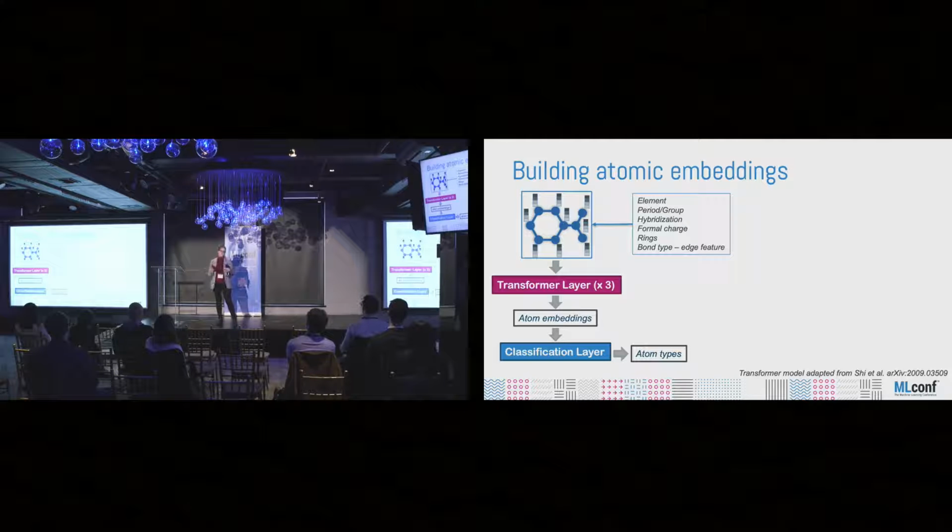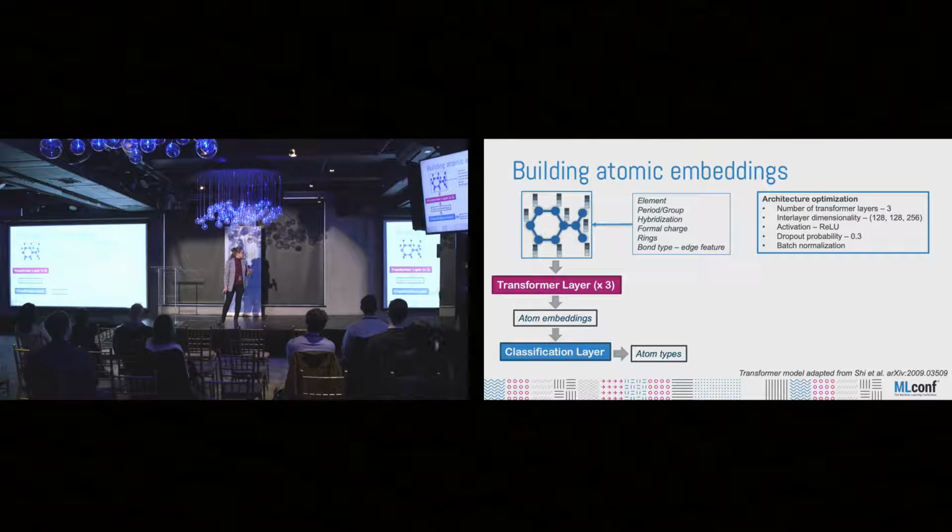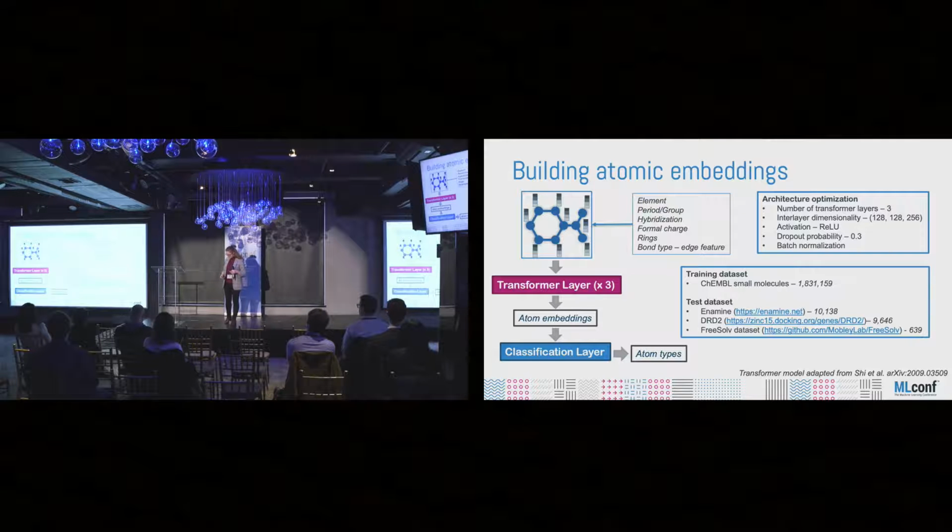We used our own in-house atom types, which were about 500. We played a little bit with different architectures, number of transformer layers, and dimensionality. And we used around 2 million molecules to train this model.